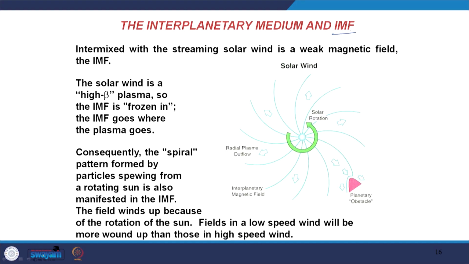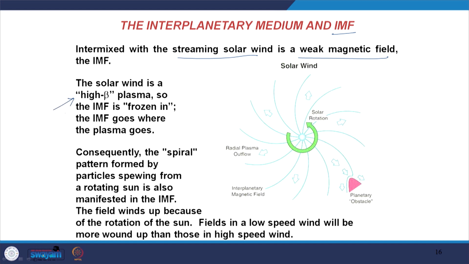All right. The interplanetary medium, the region between the planets, and the IMF, that is what we are actually trying to find out. It is intermixed with the streaming solar wind and it is a very weak magnetic field. Weak, you have to speak in a relative context. But most importantly, the solar wind is a high beta plasma.